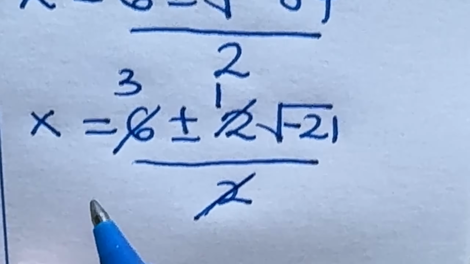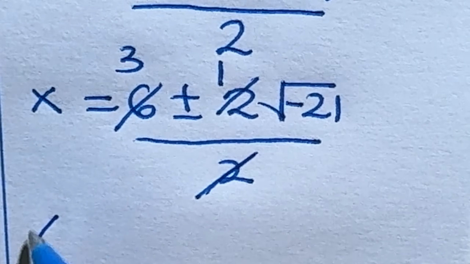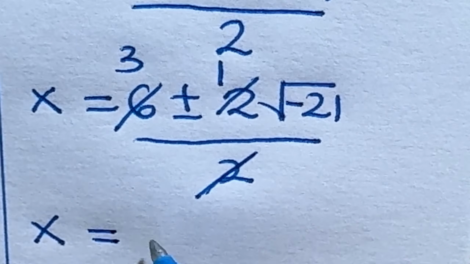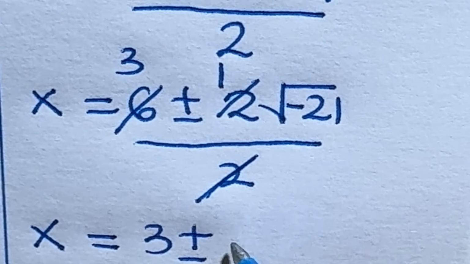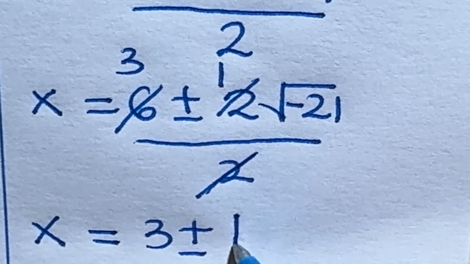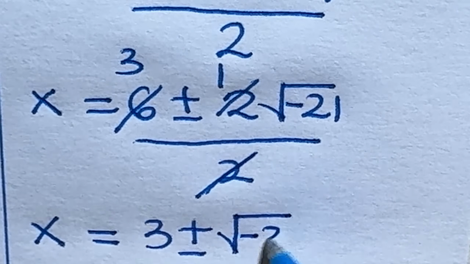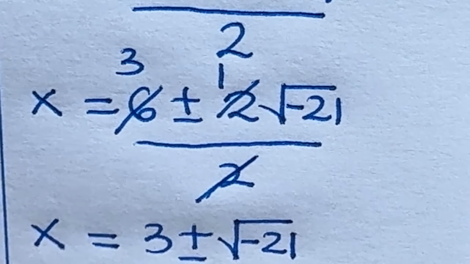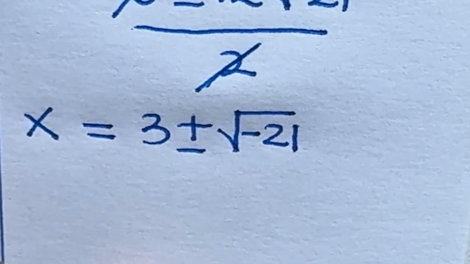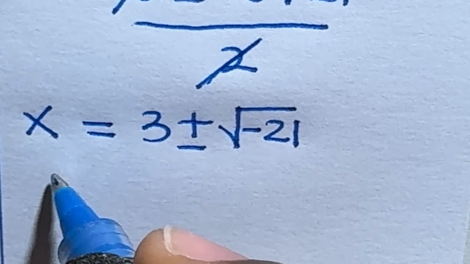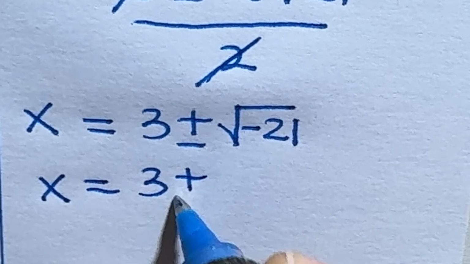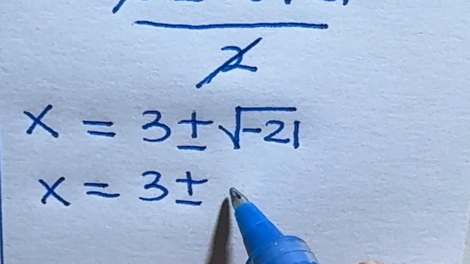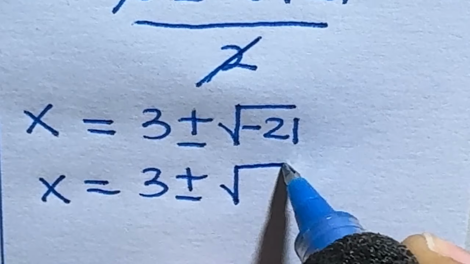Our final answer for this part will be x equal to 3 plus or minus the square root of negative 21, which is an imaginary solution, and we can also express it as x is equal to 3 plus or minus root 21i.